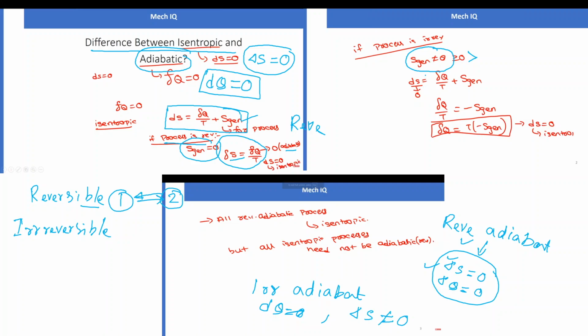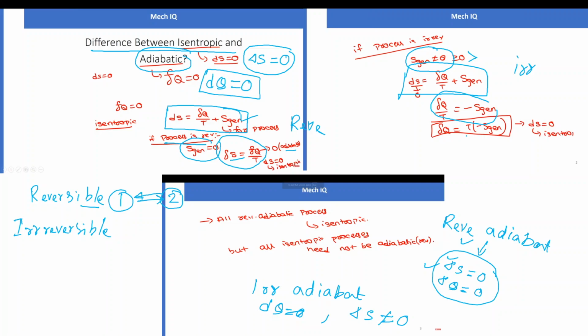So for the irreversible case, the equation is ds equals dq by T plus s generation. For the irreversible isentropic process, ds equals 0, so dq by T equals minus s generation.